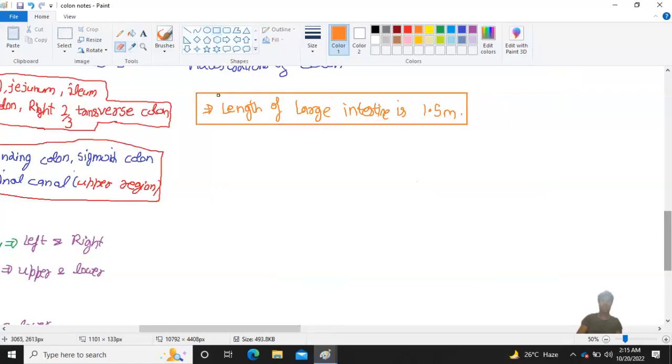So this is about the colon, the whole colon and large intestine. Done. Next time we start the kidney. Thank you.